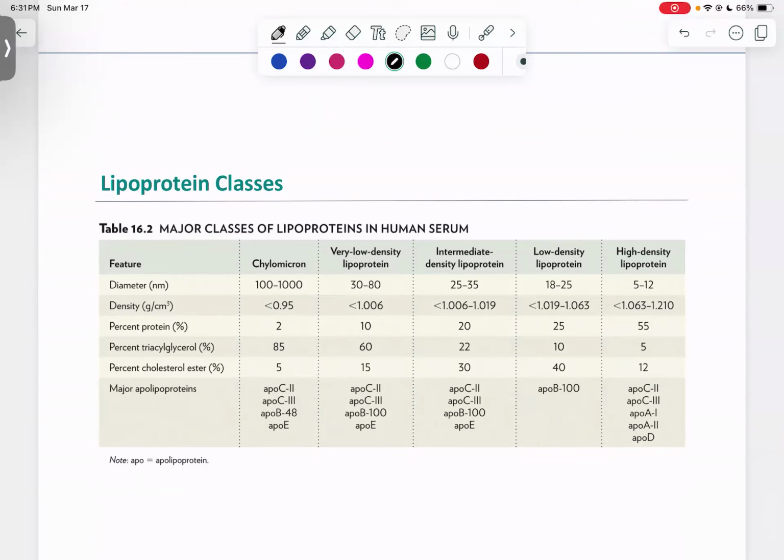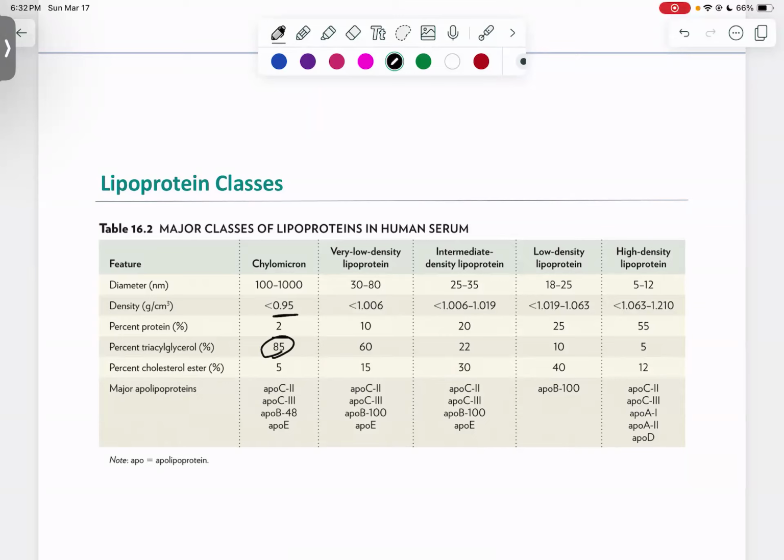If you look at the chylomicron, our chylomicron is going to be our largest in diameter. But when you look at its density, it's actually the least dense. It has the lowest percentage of proteins. Proteins tend to be very, very heavy. Then if you look at the triacylglycerol molecules, that's a lot of triacylglycerol molecules, right?